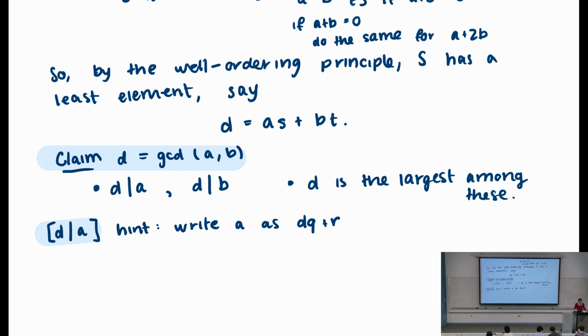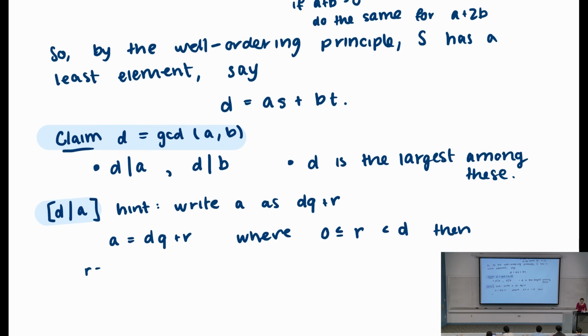Okay, so let's discuss this. So if we write A as dq plus r, where we're asking that r is greater than or equal to 0 but less than d, then what can happen? So either r is 0, in which case we're done, because that would mean that d divides a, right?